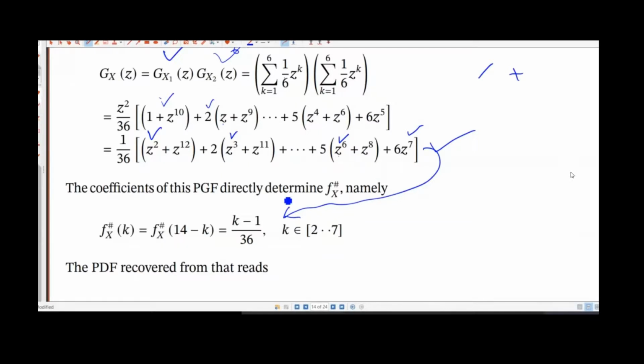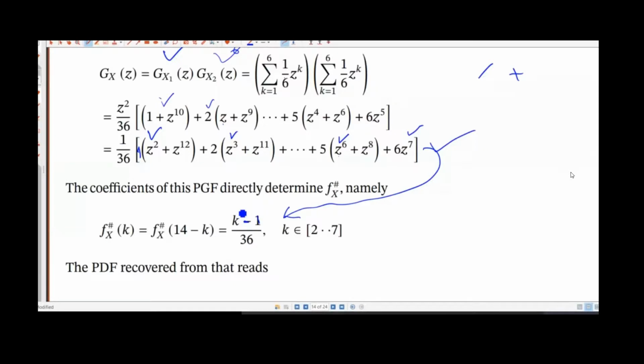So do you agree with this formula that if x of k is basically k minus 1 divided by 36, 36 डिनोमिनेटर में है और ये k minus 1 क्यों है, क्योंकि ये इसके साथ 1 है, इस z² के साथ क्या है 1 है, और z³ के साथ क्या है, तो हर दफा ये कोएफिशिएंट उस एक्सपोनेंट से 1 लेस है। देखो ना, ये 5 is 1 less than 6, this 6 is 1 less than 7, so each coefficient is 1 less than the corresponding exponent.